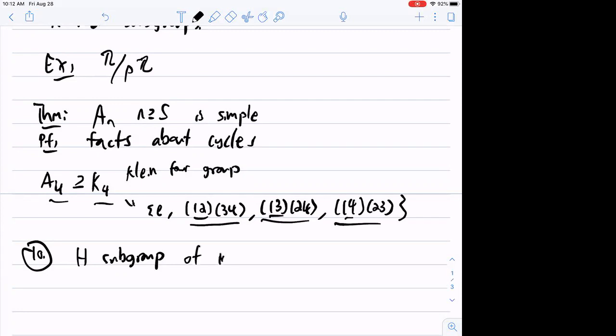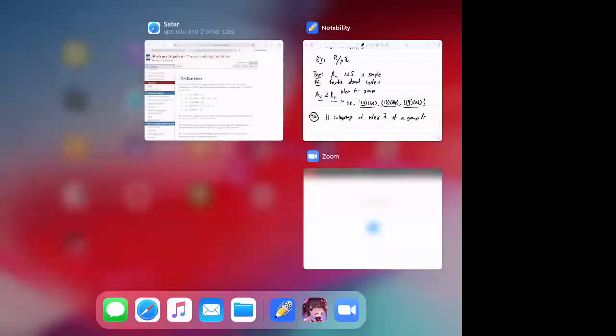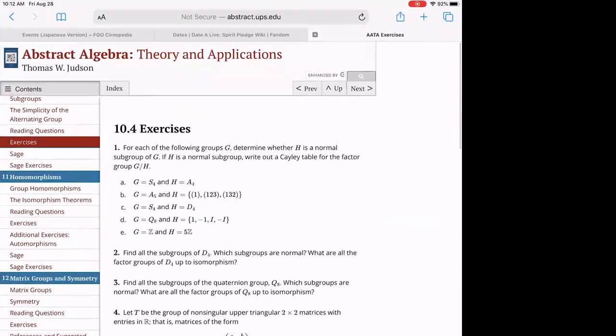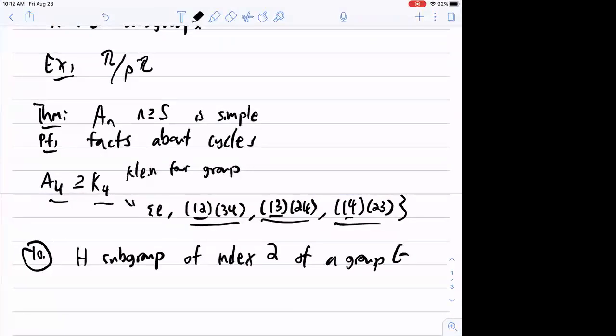H is a subgroup of index 2 of a group G. This is more general. In the problem you asked me, A4 was a subgroup of S4 of index 2, because the order of A4 is half the order of S4, so dividing the order of S4 by the order of A4 gives 2.